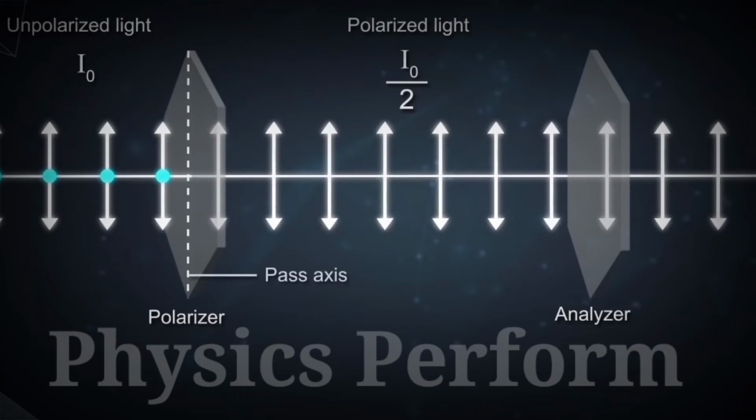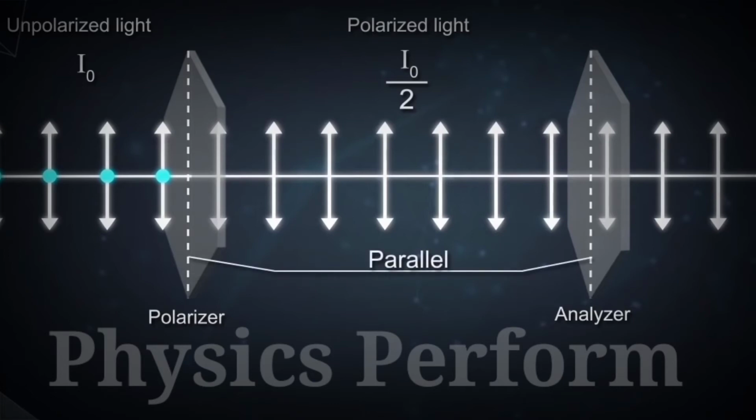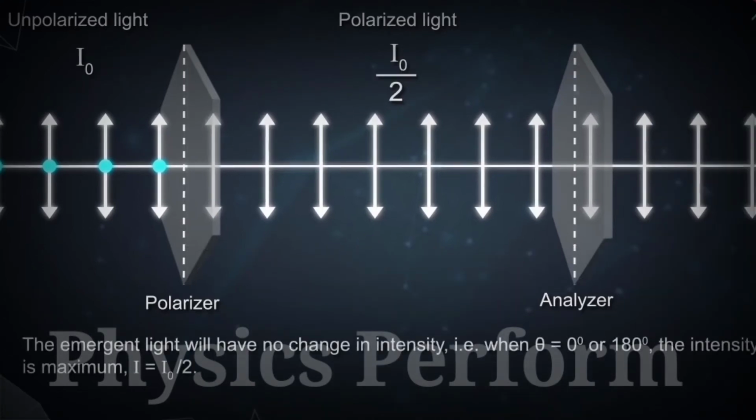If the pass axis of the polarizer is parallel to the pass axis of the analyzer, the emergent light will have no change in intensity. That is, when theta is equal to 0 degree or 180 degree, the intensity is maximum. That is, I = I0/2. I0 is the maximum intensity.